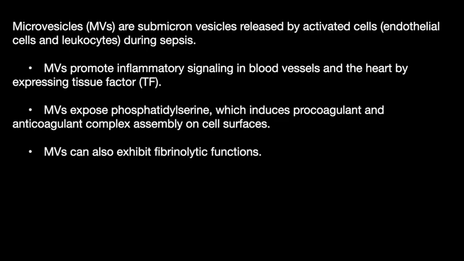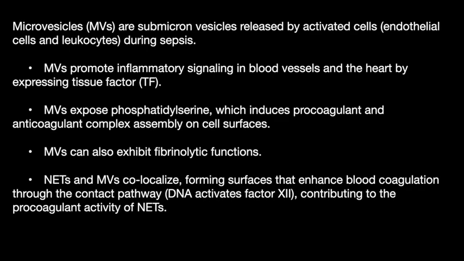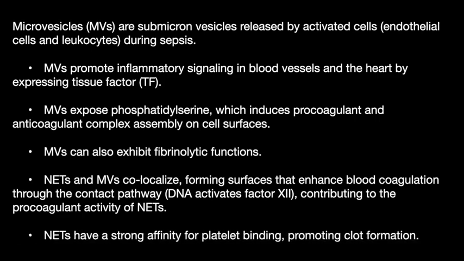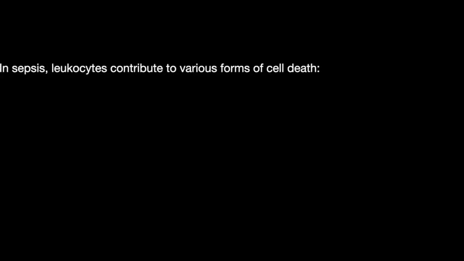MVs can also exhibit fibrinolytic functions. So the NETs and the MVs co-localize, forming surfaces that enhance blood coagulation through the contact pathway, contributing to the procoagulant activity of the NETs. NETs have a strong affinity for platelet binding, thus promoting clot formation.